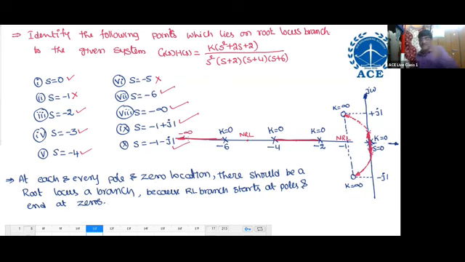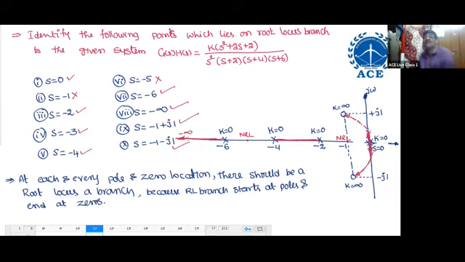So like this, you have to identify whether the point lies on the root locus or not. Simple logic: at each and every pole and zero location, there exists a root locus branch, because the root locus starts at a pole and ends at a zero. Remember, no need to apply the angle condition. Never apply the angle condition at the position of poles and zeros.